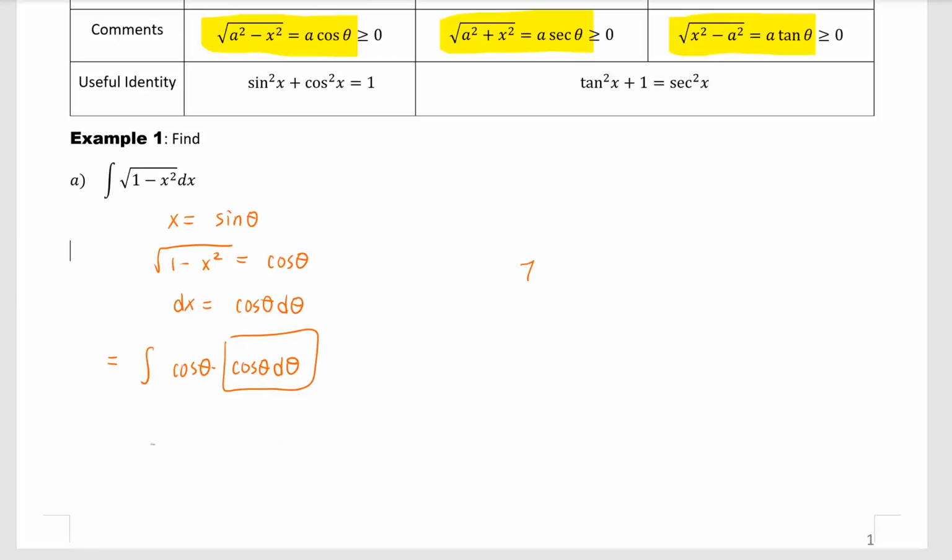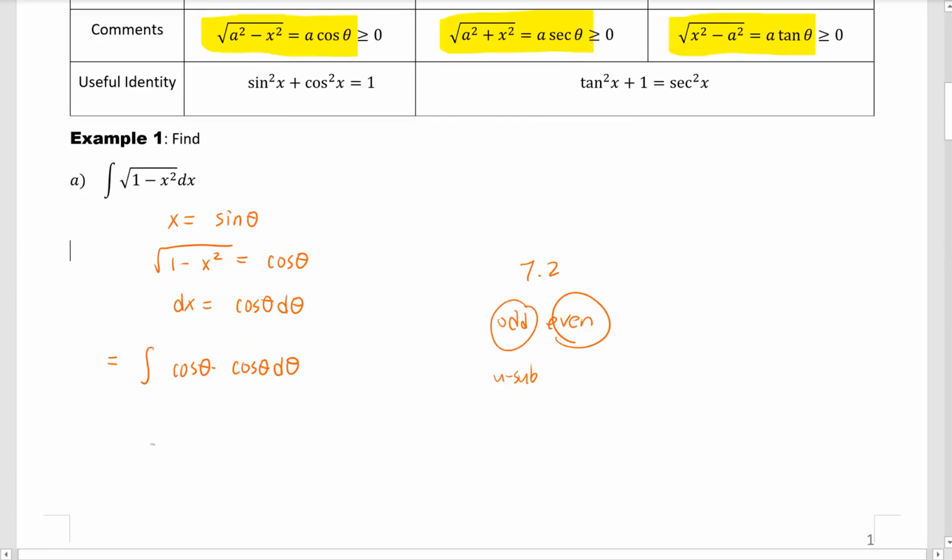Remember, in section 7.2, depending on whether the power is odd or even, we use completely different methods. For example, for sine and cosine, if it's odd, we're going to use substitution. But when it's even, we use the double angle formula. So just one copy of the sine or cosine really makes a big difference. It changed the entire problem.